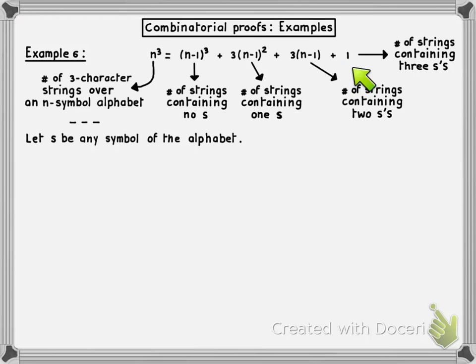Having covered all of the possibilities, we have therefore counted all of the strings of length 3 over the same alphabet, and therefore these 2 numbers must be equal.